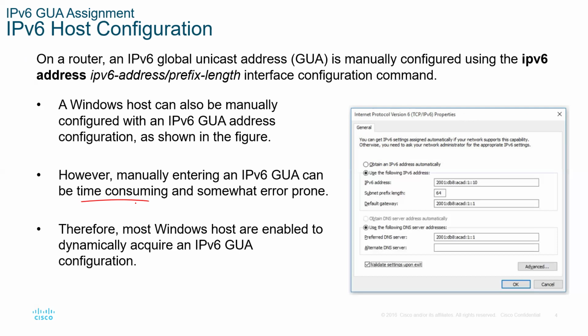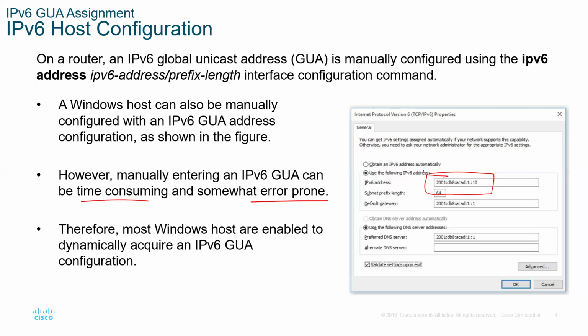With this manual configuration, there's also an issue to do with errors, especially with IPv6. IPv4, I think it's quite simple. We're used to decimal numbers, but I don't think all of us are used to these hexadecimal values.